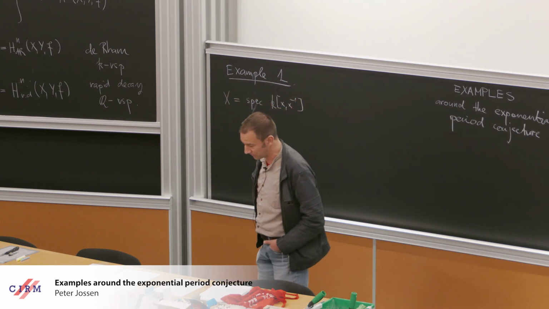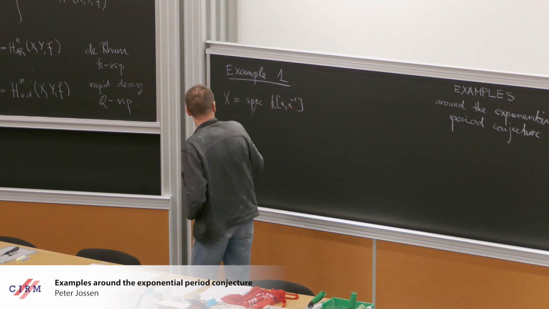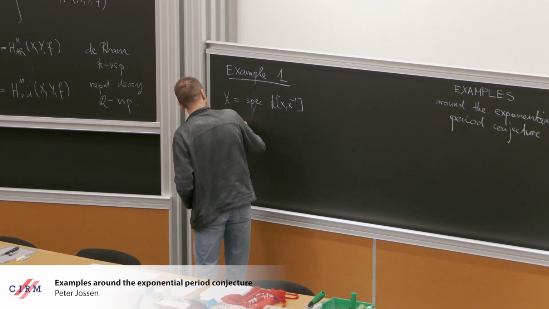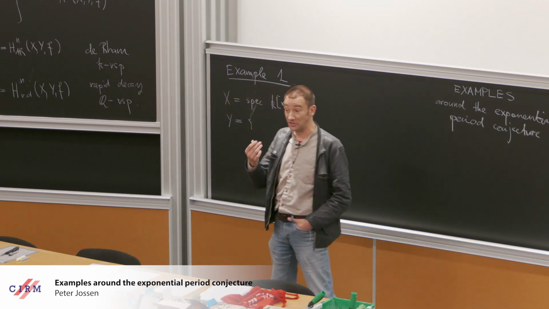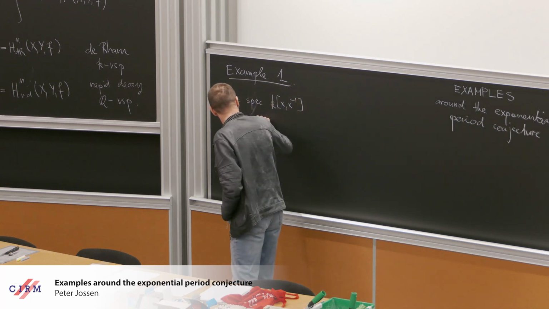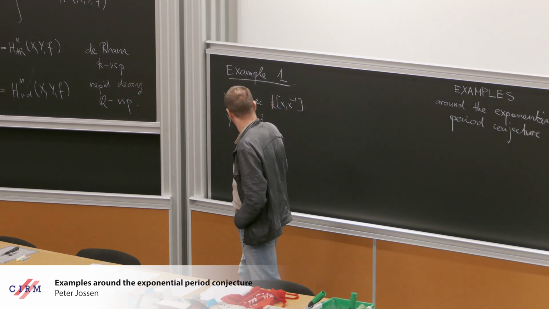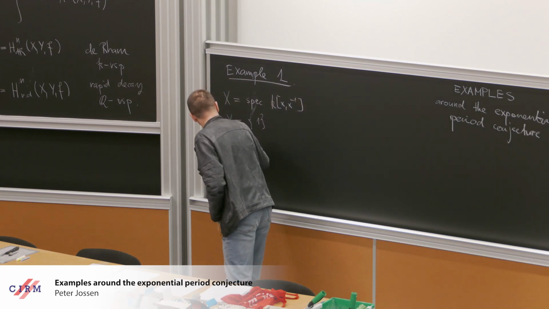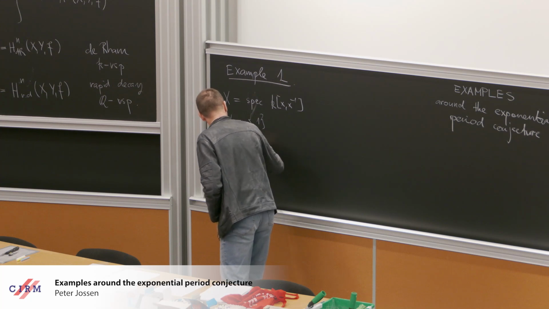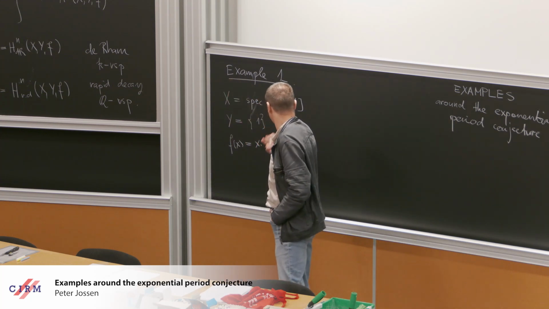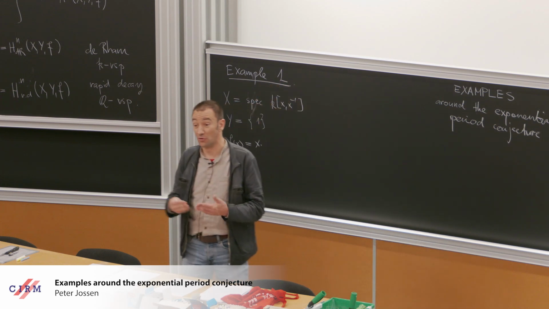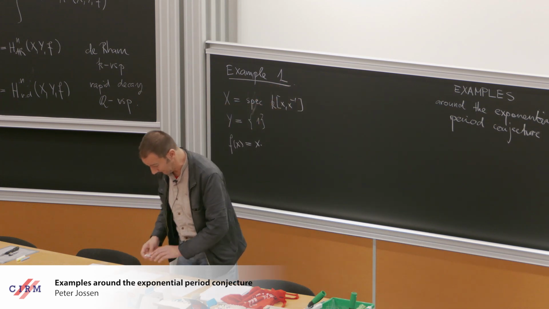We have seen it this morning. As a closed subvariety, I'm deciding here to choose a single point, the point 1. And as a function, I just take the coordinate, so as a Laurent polynomial, or as a morphism to the affine line.